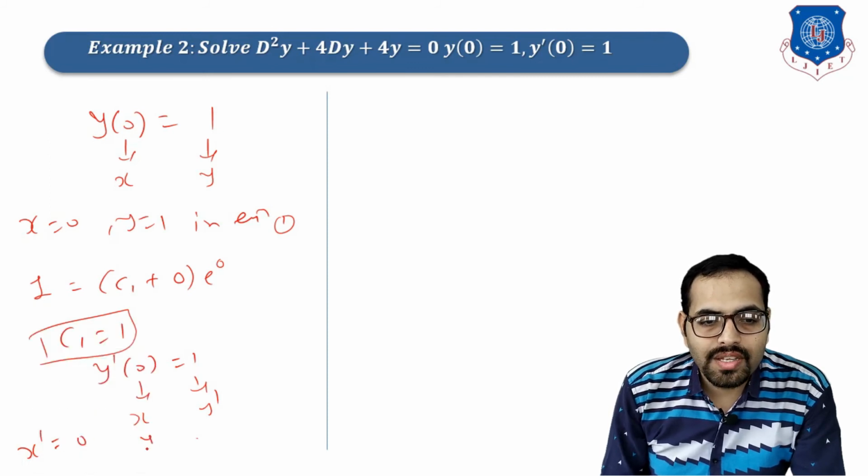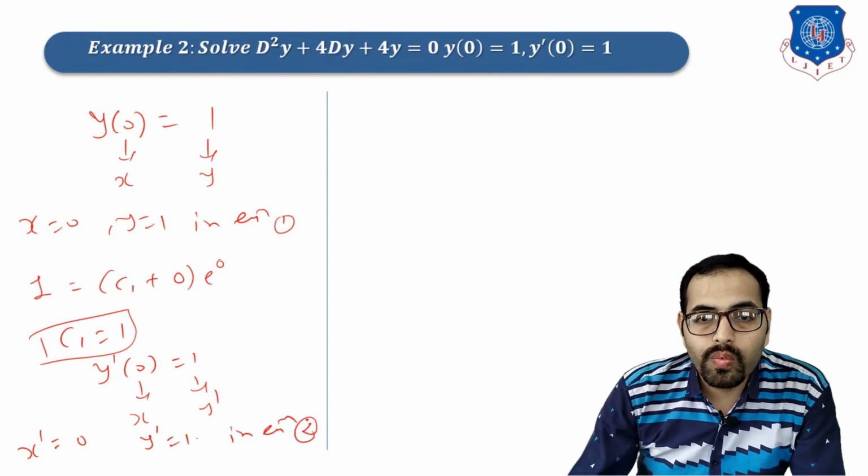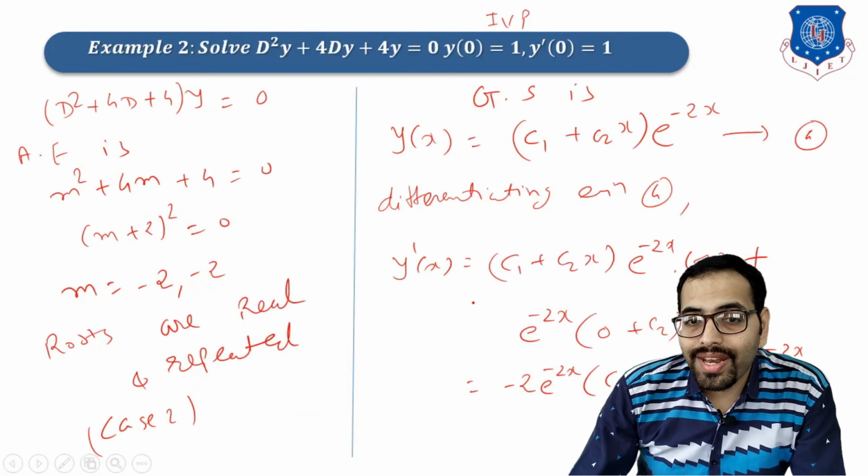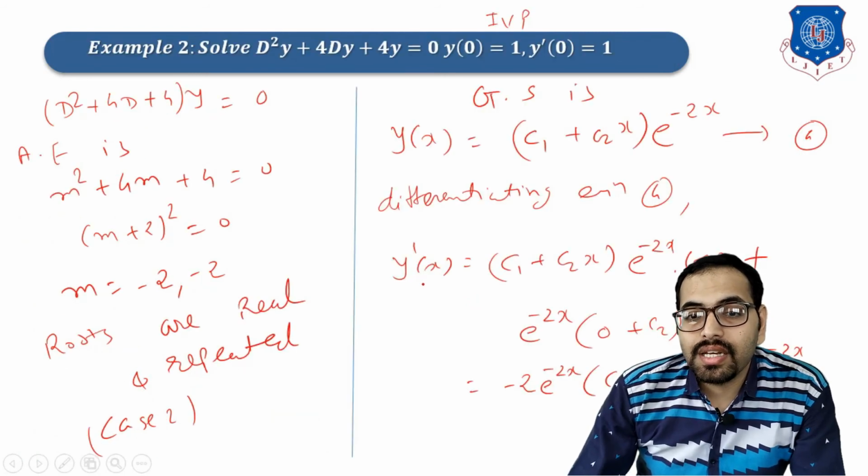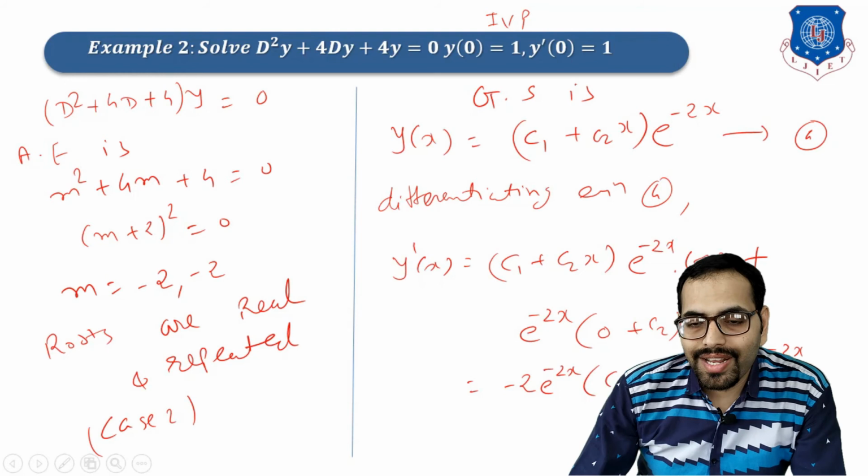x equals 0 and y' equals 1. Substitute in equation number B, which is y'(x) = -2 e^(-2x)(c1 + c2 x) + e^(-2x) c2.